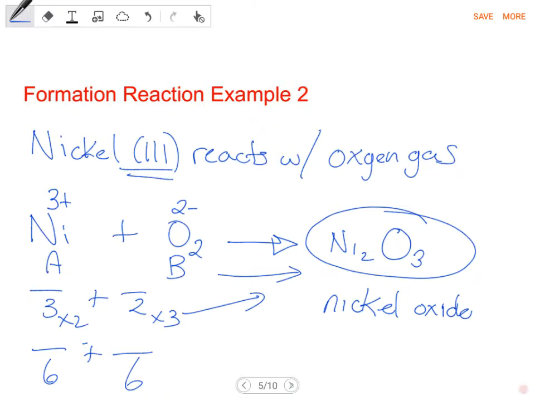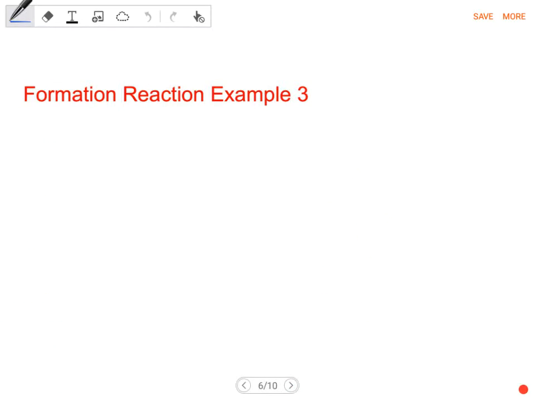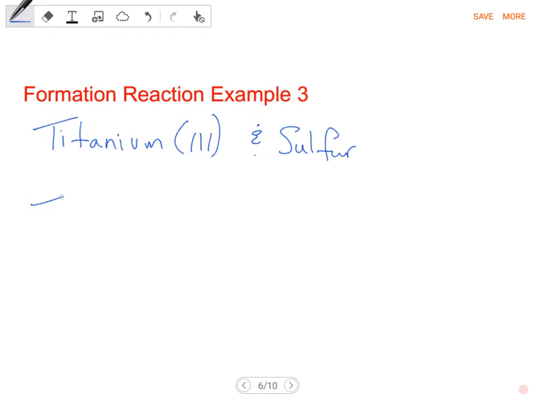All right, let's move on to another one. We can do one last one if you want here. Hopefully I won't mess this one up. Let's go titanium. Titanium has three, let's go with 3 again. Titanium reacts with, oh, I don't know, let's go sulfur. Okay, so it's going to be Ti, that's a 3 plus sulfur. Now, what's the deal with sulfur, everybody?